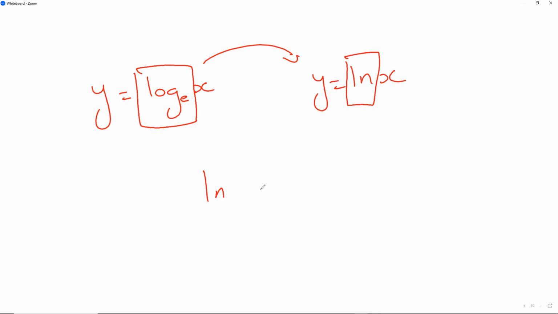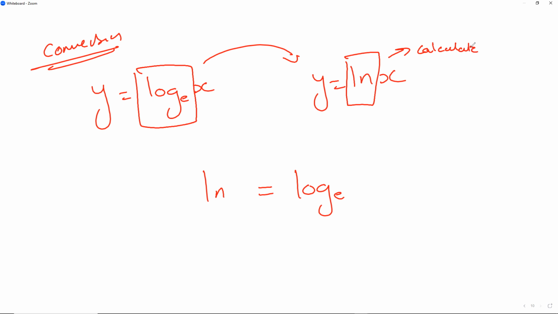So what we're saying is that ln is the equivalent of log base e. Instead of writing log base e every single time, you write ln x. Okay? And that's what you'll see on your calculator. And it implies that there's a hidden base e over there, which we need to use.